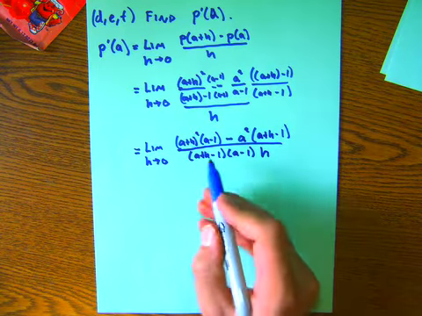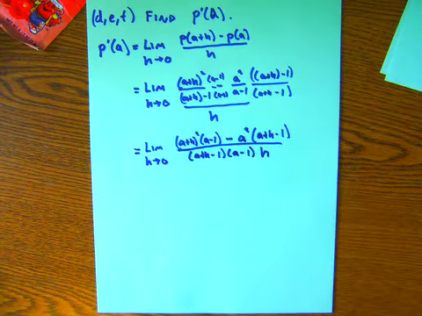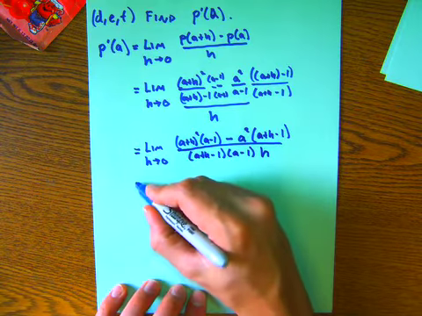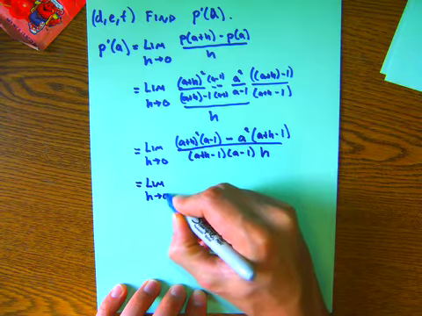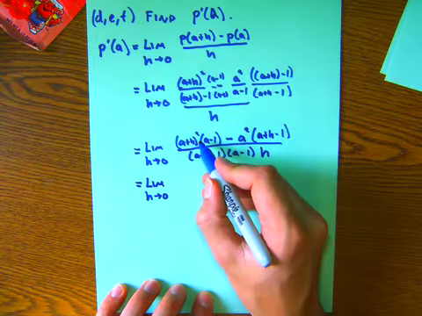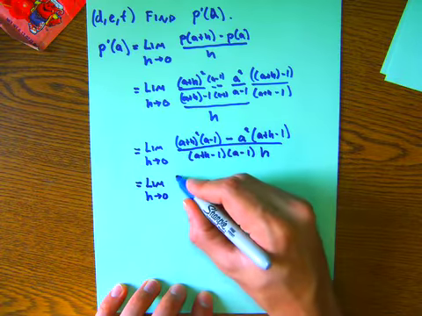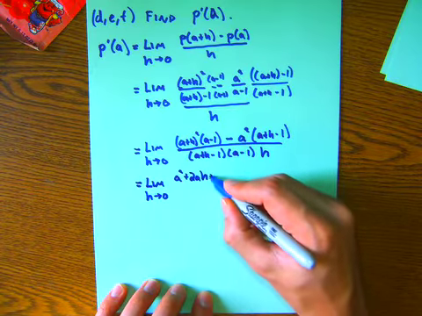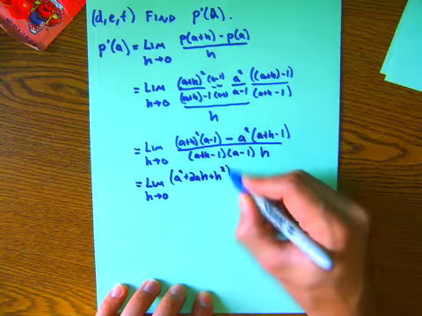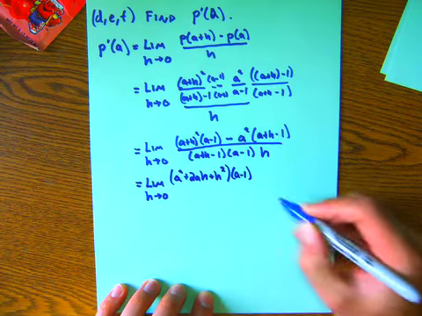So the next thing to do would be to expand these terms. A little tedious, but it's a good exercise with your algebra. First I'll square this and get a squared plus 2ah plus h squared, times a minus 1.